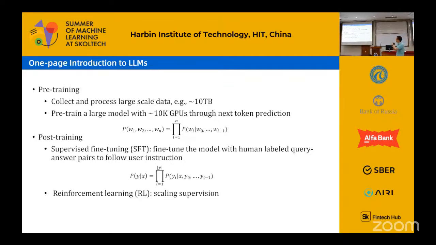But for reinforcement learning, I just use the model to generate two answers and ask a human to rank which one is better. So the labeling effort is much more lightweight, and we can collect more training data or more feedback signal for reinforcement training.